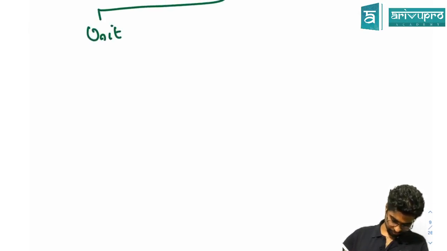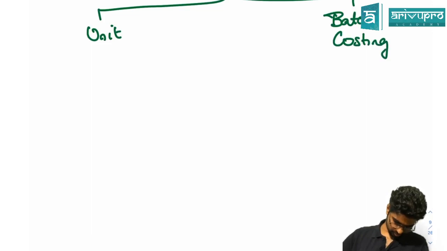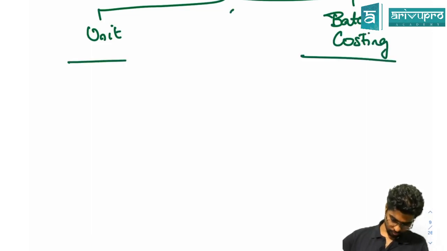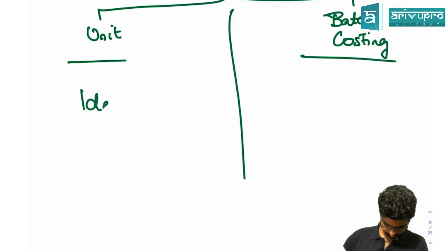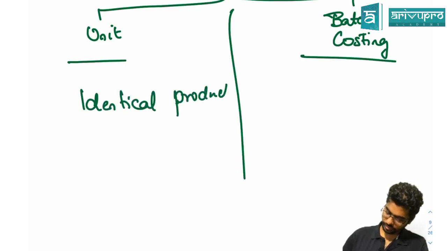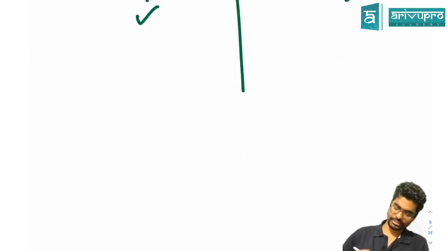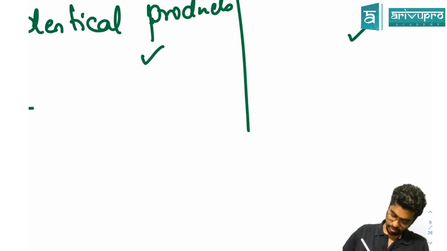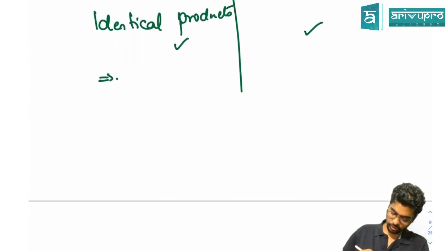Okay. Now what is the difference between a unit costing and a batch costing? Identical products, but the only change is when I'm trying to find cost per unit, right?